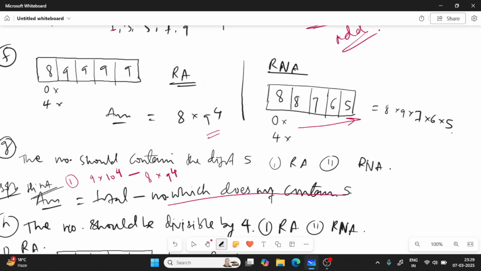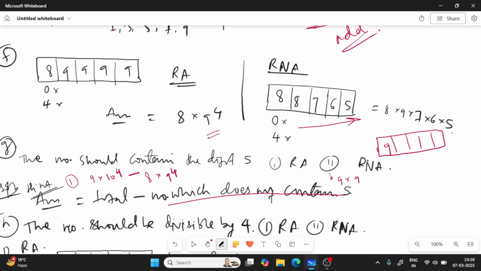Second case he is asking, replacement not allowed. So again total. So what is total? Total means you have to fill these 5 places using different digits. So that would be 9 into 9, because as you see, you have to fill these 5 places.